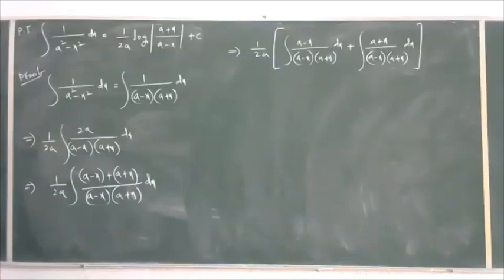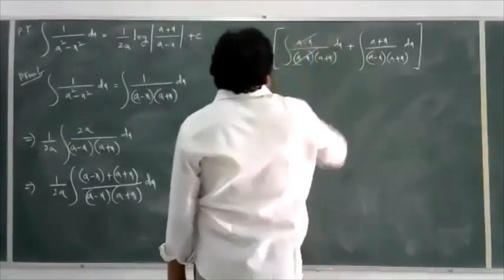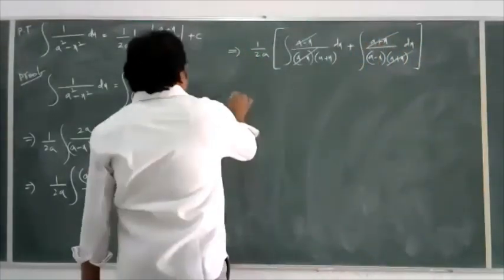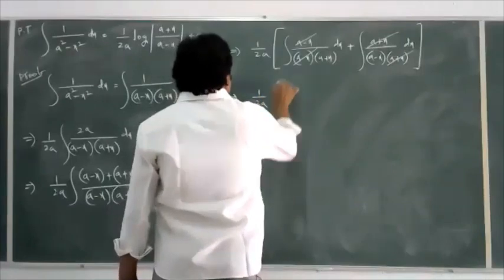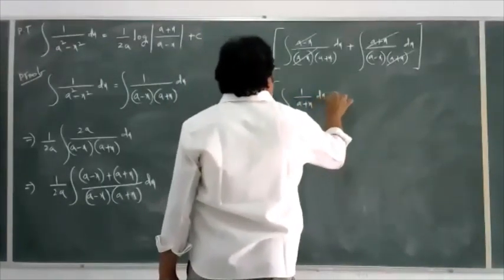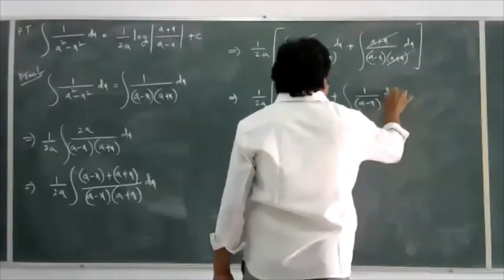Split into two integrals. So here a minus x cancels, and here a plus x cancels. That implies 1 by 2a into integral 1 by a plus x dx plus integral 1 by a minus x dx.